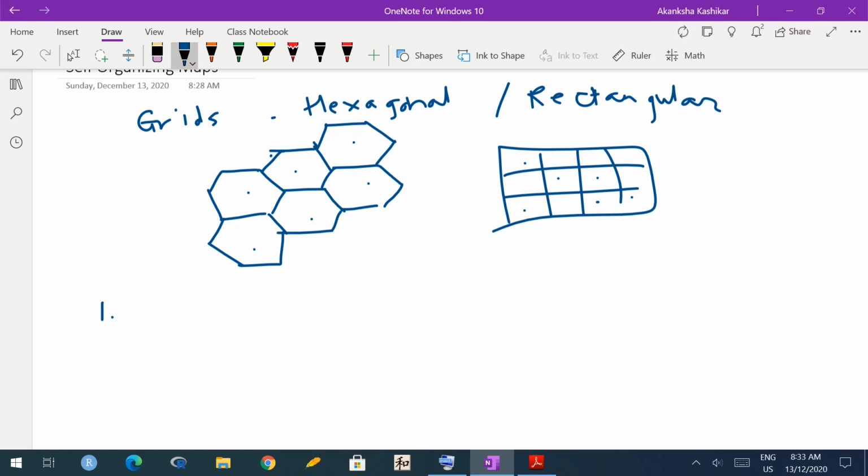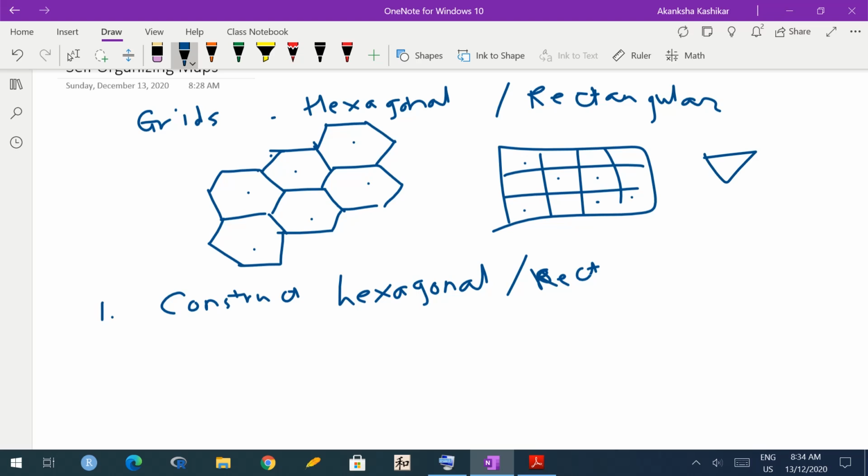So construct such hexagonal grids. So grids actually would be automatically constructed by your seed points. Construct hexagonal or rectangular type of grids. See, you can't have circular grids because otherwise there would be gaps in between. Okay, if you need continuity, you need to have such types of grids.